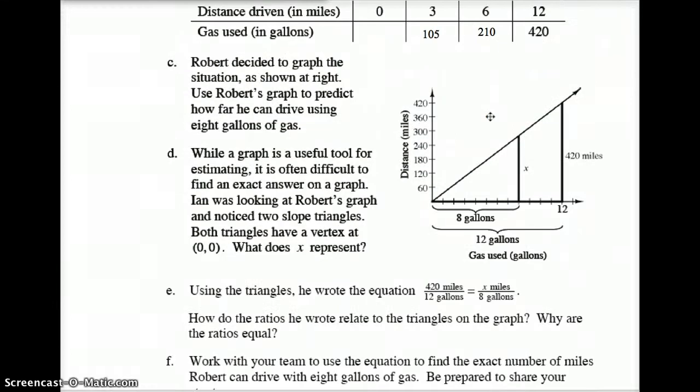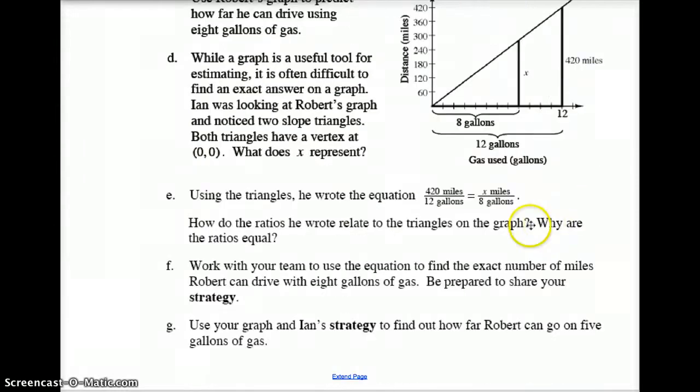But let's say they ask you a question about if 420 miles is to 12 gallons, then how much would 8 gallons be? Well, this might be one where you set it up into a proportion: 420 miles is to 12 gallons as X number of miles is to 8 gallons, and then solve that proportionally.